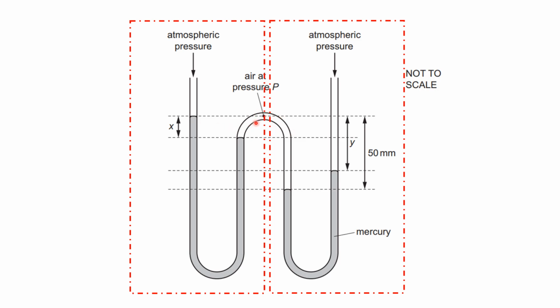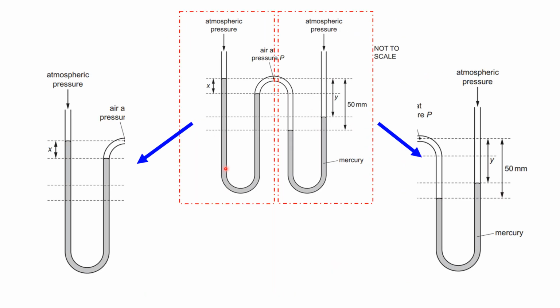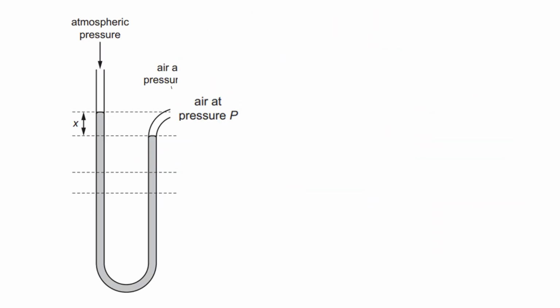At the top it is the same for both tubes. I'm going to analyze each U-tube separately. Here is the left section of the W-shaped tube. We are going to follow the same protocol.